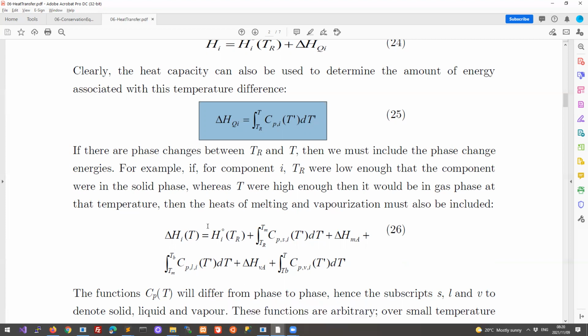So you would start at your reference temperature, and then you would first integrate up to the melting temperature. So this part would tell us the energy needed just to get from minus 20 degrees to the melting temperature of water, right? 0 degrees Celsius.